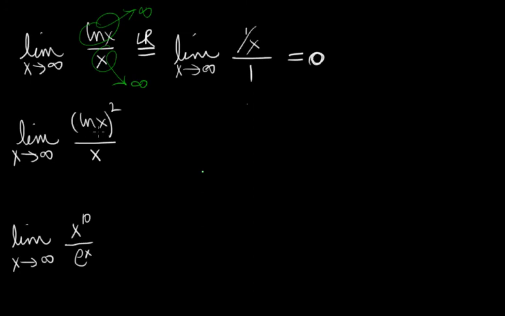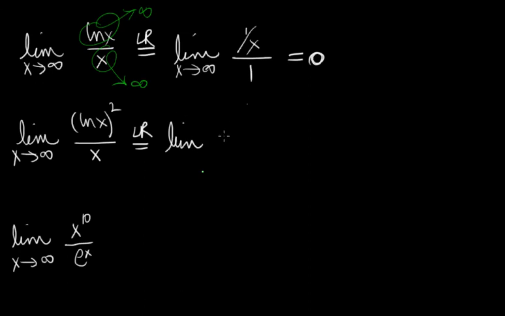But let's look at the next example. Natural log x squared over x. Well, natural log x squared is growing quite a bit faster than natural log x, so maybe there'd be a limit here. But you will find, using L'Hopital's rule, that if you have powers of natural log and in the bottom you have powers of x, that the limit will be 0.